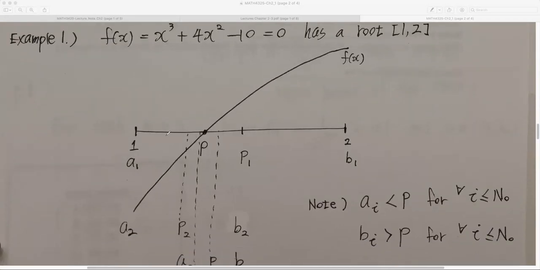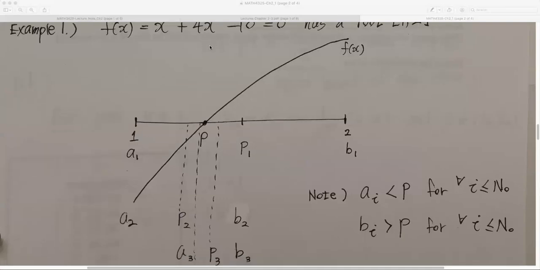First, we're going to find the middle point. Let's set a1 equals 1, b1 equals 2, and then find the middle point between a1 and b1, which is p1 equals a1 plus b1 divided by 2. Then we're going to figure out the sign of f of p1.